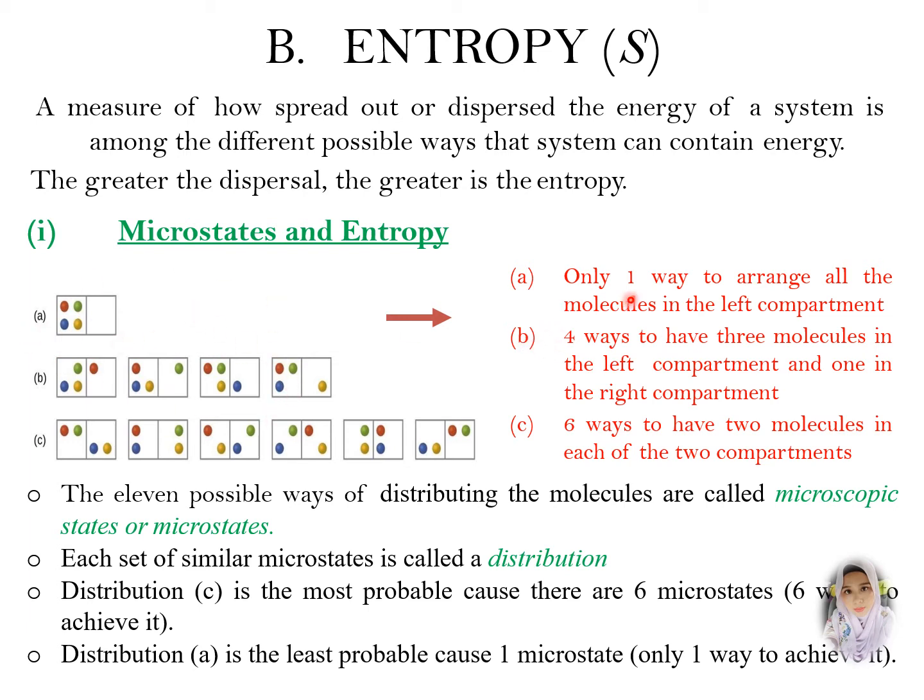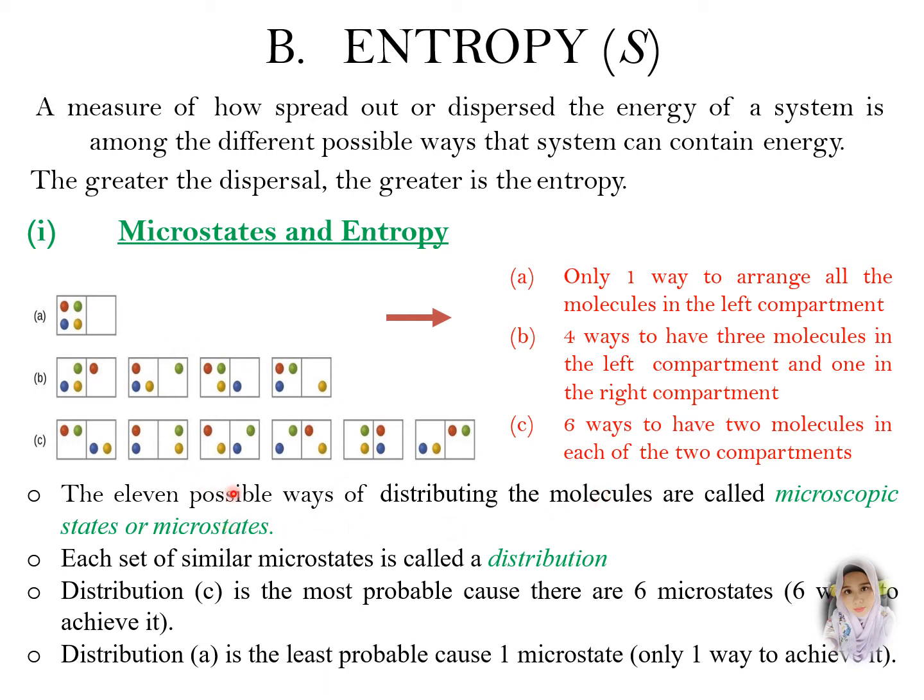In A, there is only one way of arranging all the molecules in the left compartment, and in B, there are four ways to have three molecules in the left compartment and one in the right compartment, while in C, there are 6 ways to have two molecules in each of the two compartments.